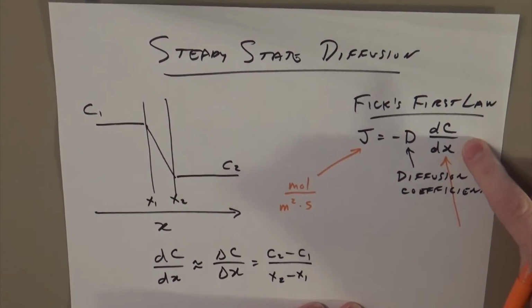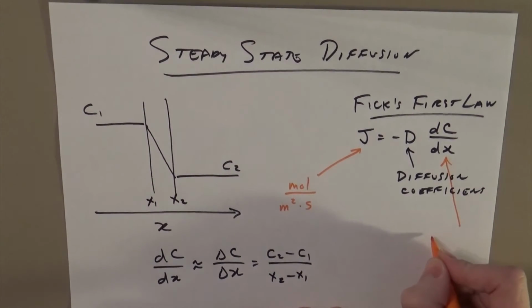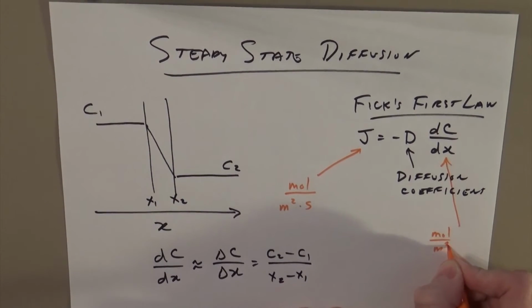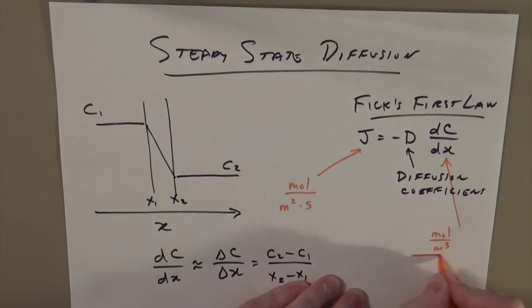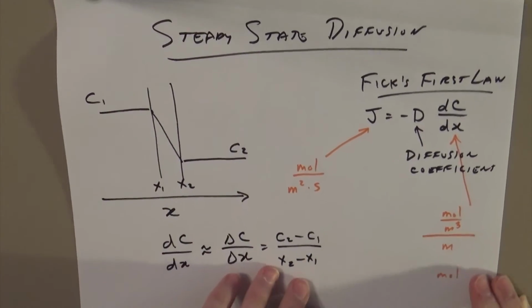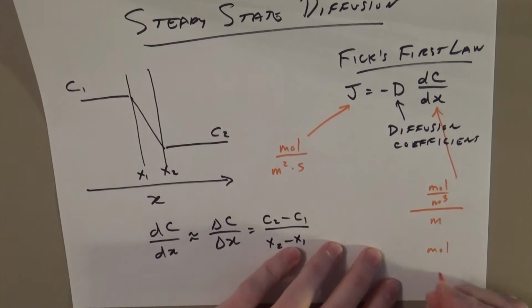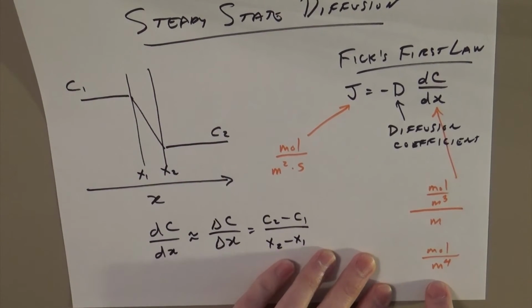You have concentration gradient, which is going to be mole per meter cubed, right? That's concentration divided by meter, because that's distance. So that means it's going to be mole per meter to the fourth.